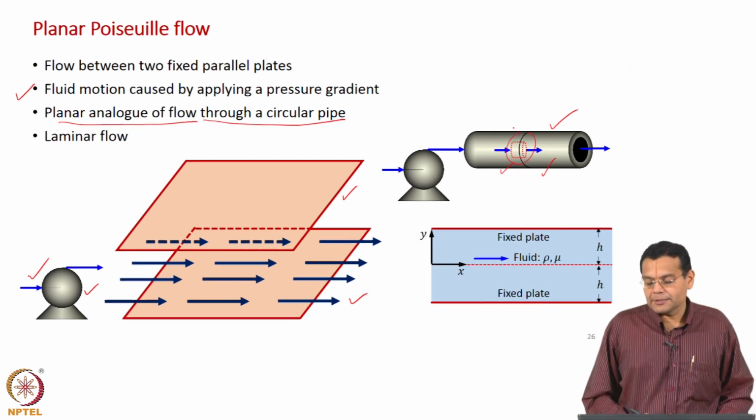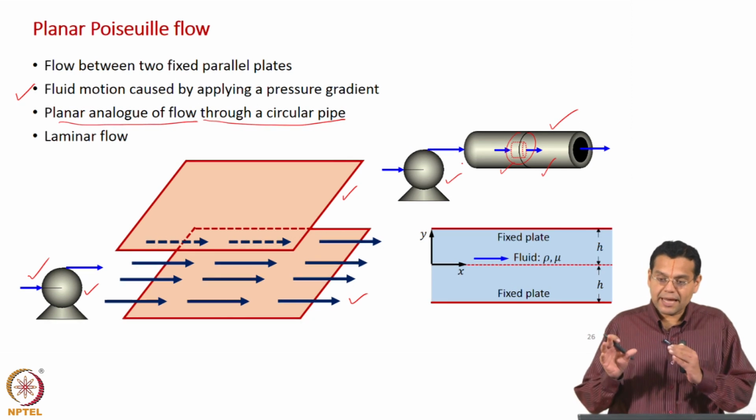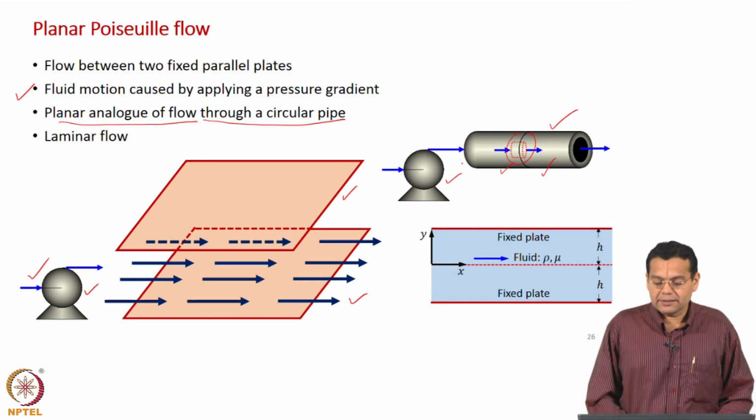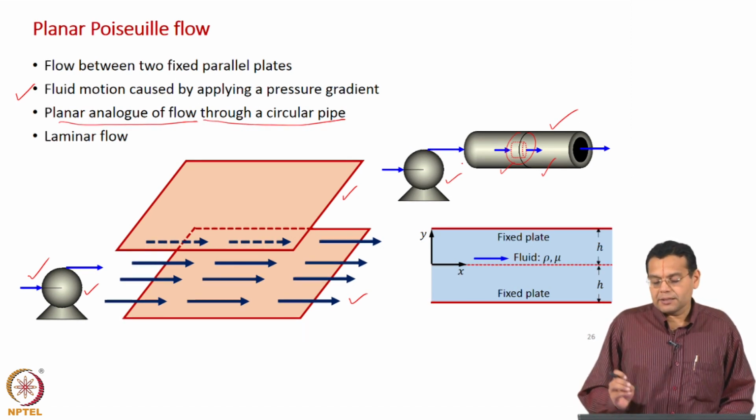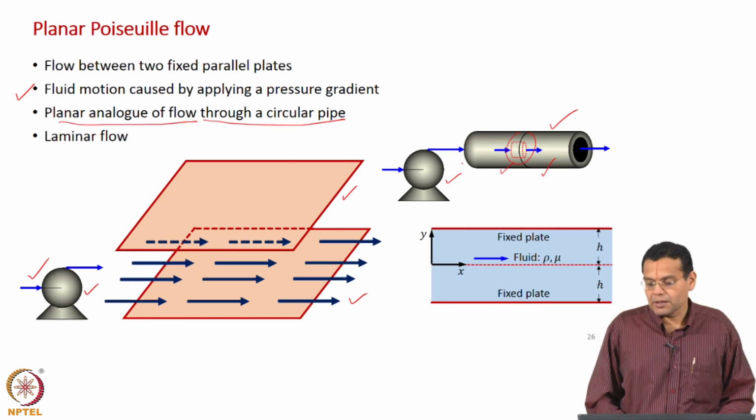What is shown here is also a pressure driven flow, which means a pump pushes the liquid through the pipe. That is the actual practical scenario, a pump sending a liquid through a circular pipe.